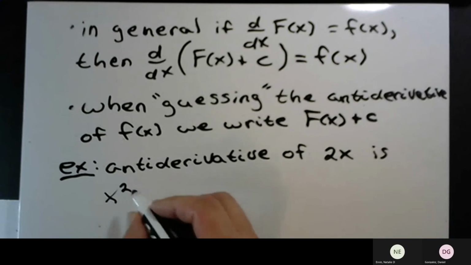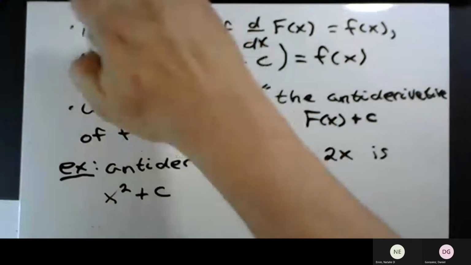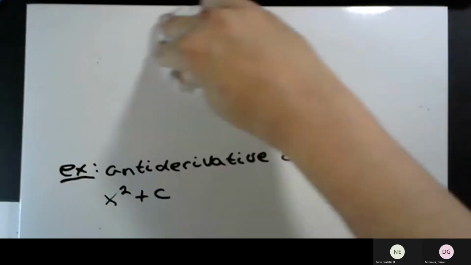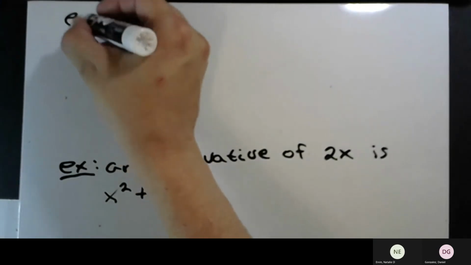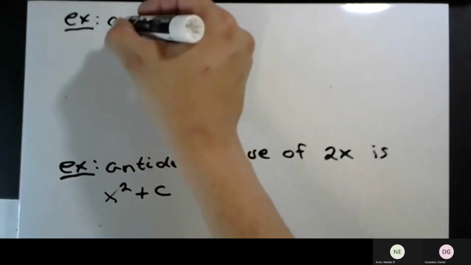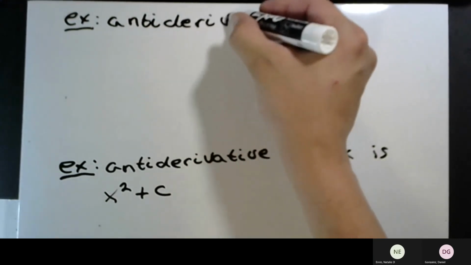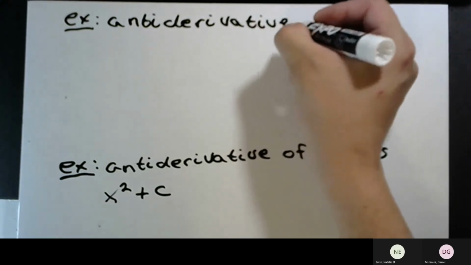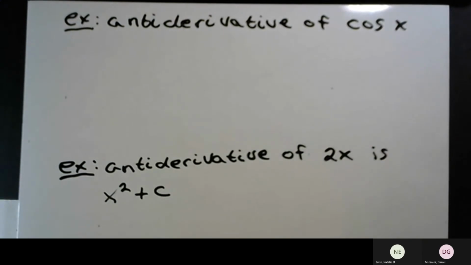But now we're going to say x squared plus c. If I'm going too fast, let me know. And the antiderivative of cosine of x: before we said it was sine of x, because if you take the derivative of sine x, you get cosine x.